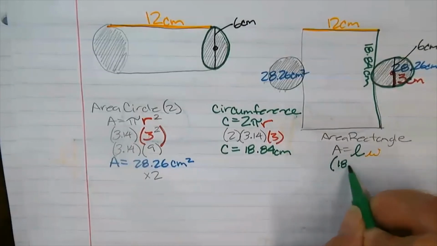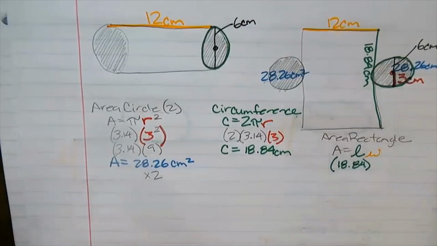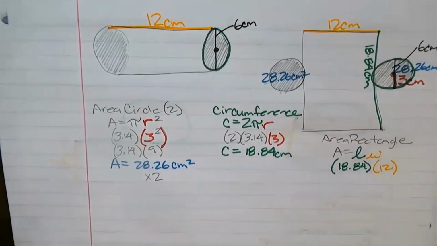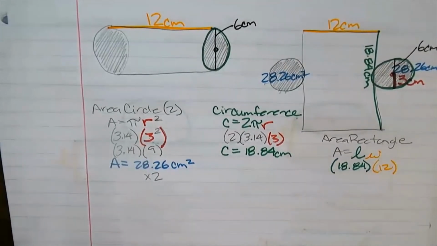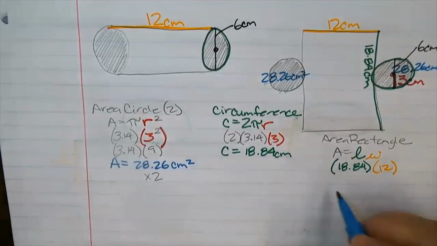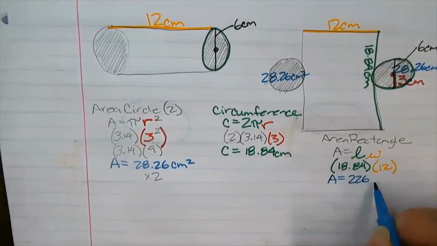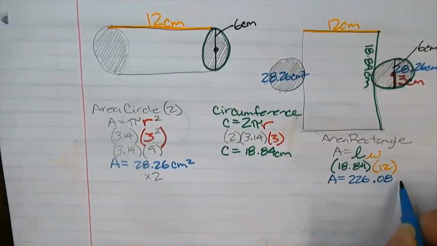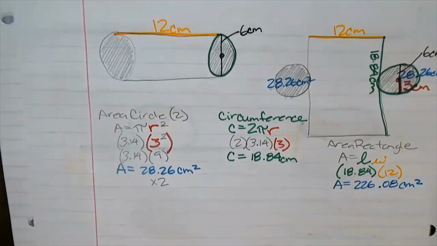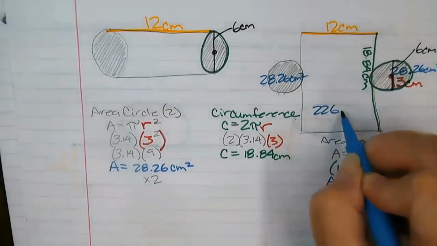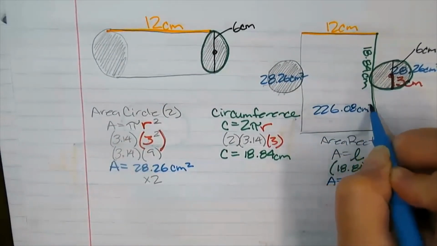The length is 18.84 and the width is 12. So I'm going to type this into the calculator, and I find that the area is equal to 226.08 centimeters squared. So I'm going to put this in here, 226.08 centimeters squared.